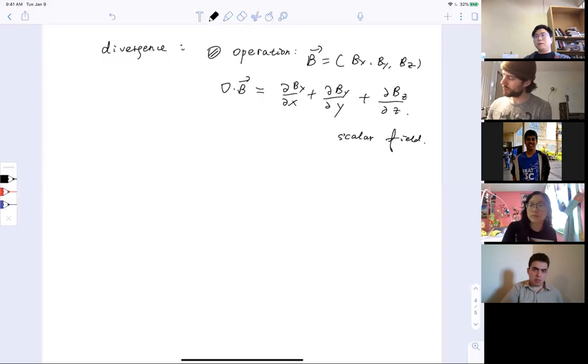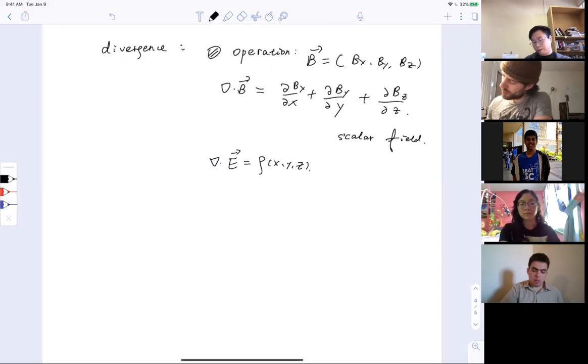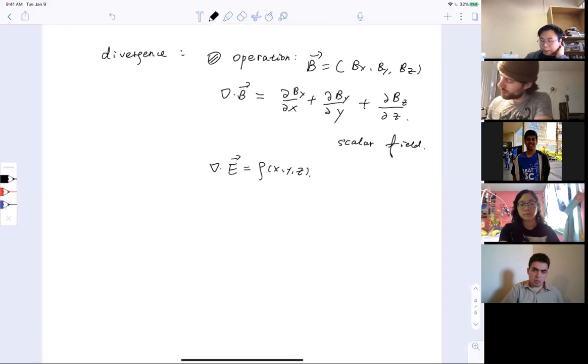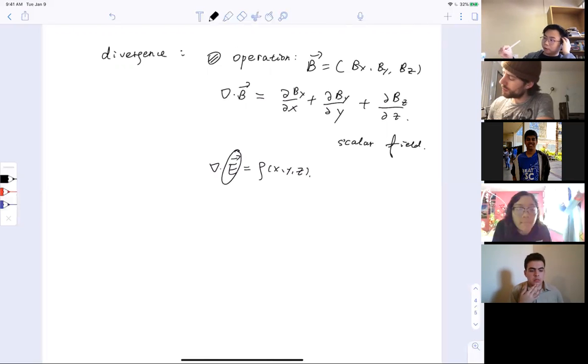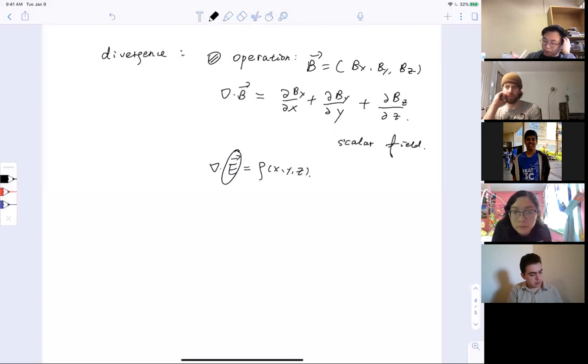So what you learn in a physics 1B class is like this, right? The source of the electric field is the electric charge. So you can say this electric field is a vector field. At each point, you can define an electric vector, and this is an electric field. And if you take this divergence, you get a distribution of the electric charge.